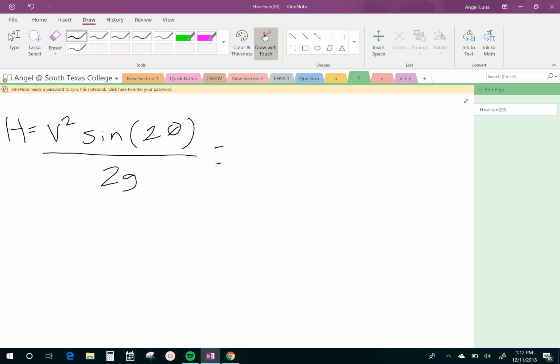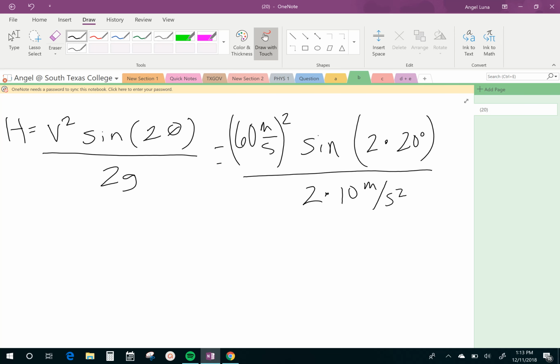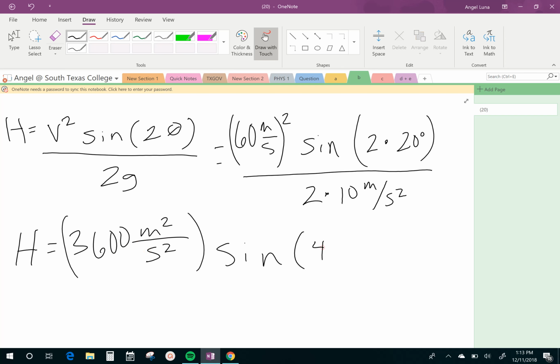So now here I'm just going to plug and chug. This is going to equal 60 meters per second squared, and of course double the angle, or double theta, and also double the value for gravity here.